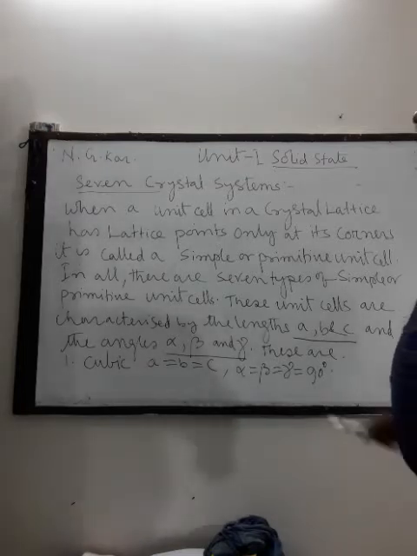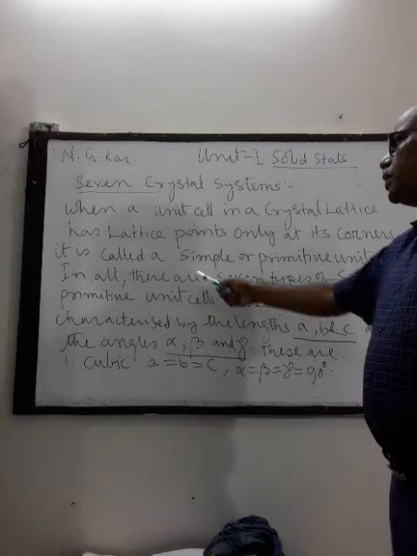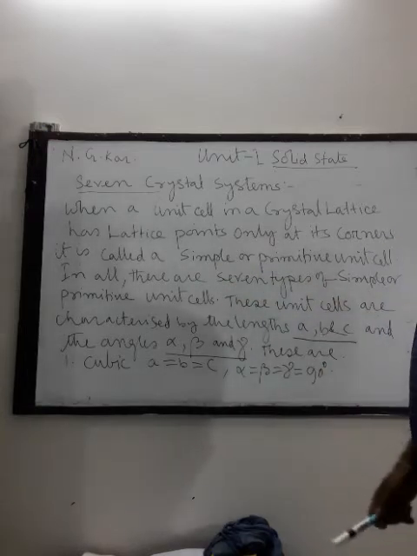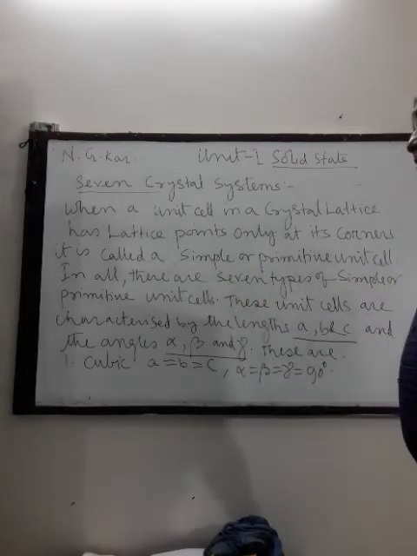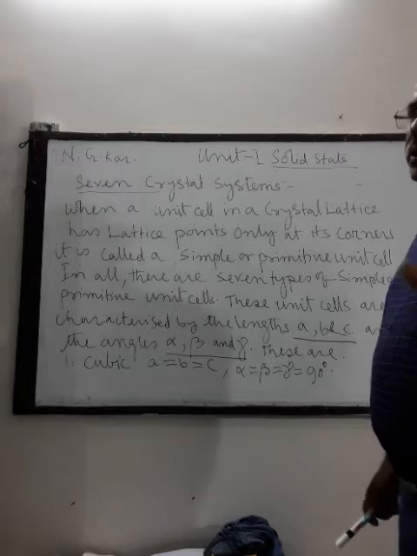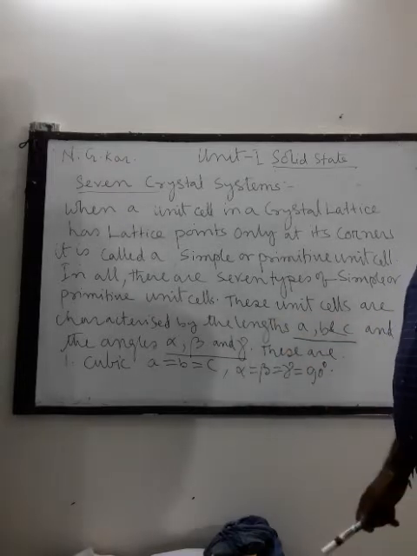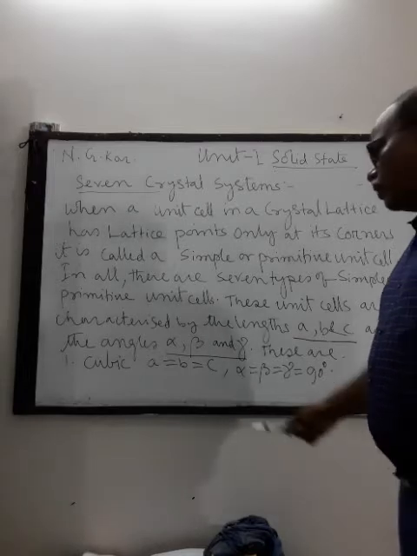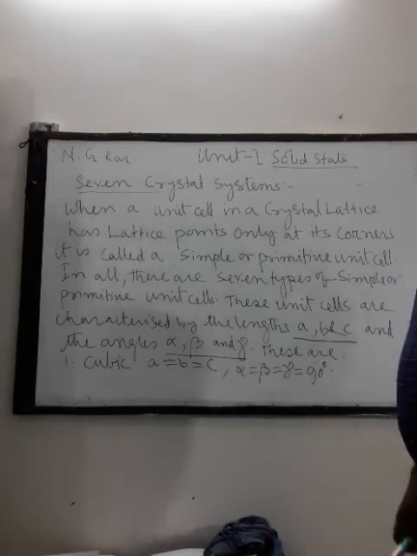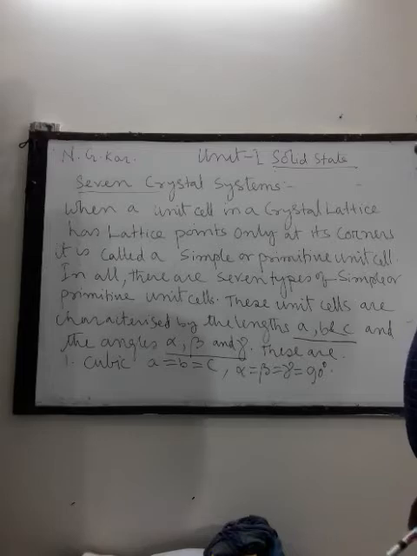How many? 7 numbers. Which type? Simple or primitive, with particles only at the corners. What is the basis of the 7 different types? The sides of the unit cell A, B and C and the angles between sides alpha, beta and gamma.